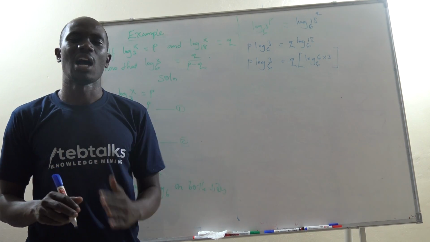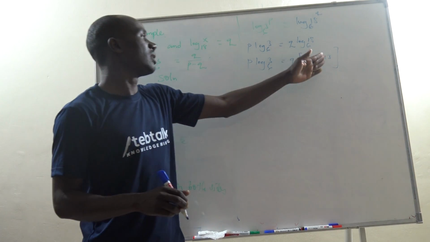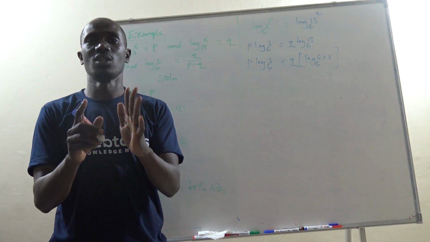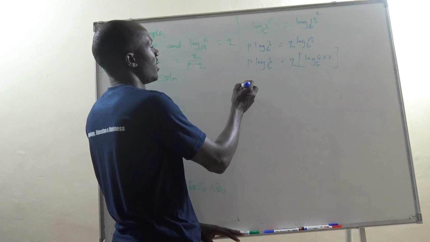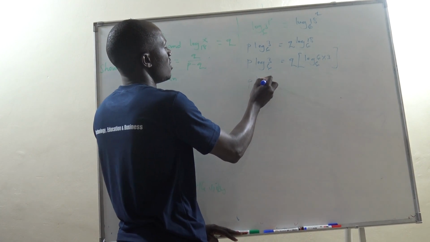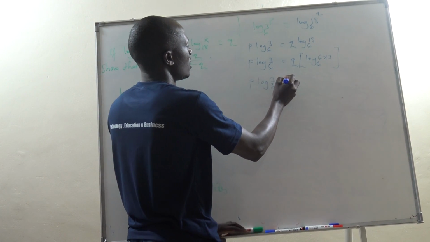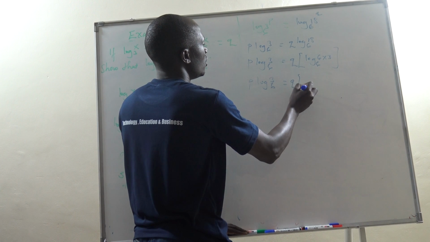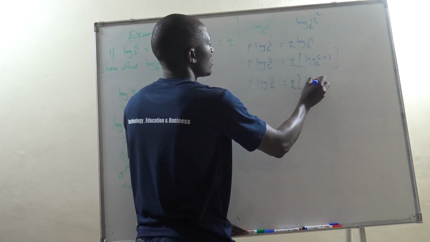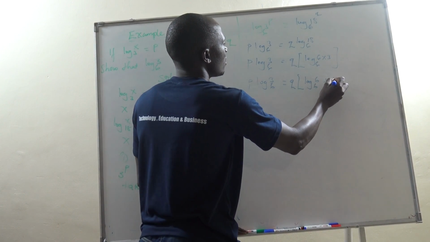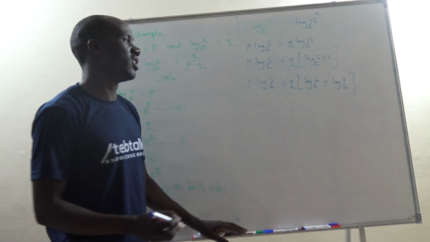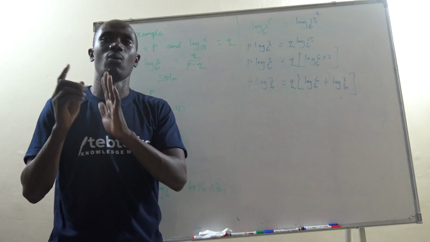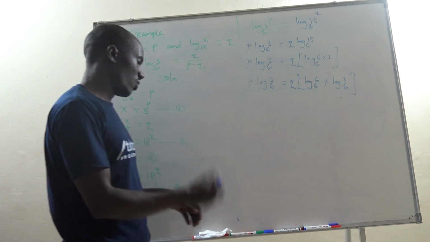Again, we apply our rules of logarithm: when multiplying numbers of the same base, we add the logarithms. So p log of 3 base 6 equals q into log of 6 plus log of 3, base 6.